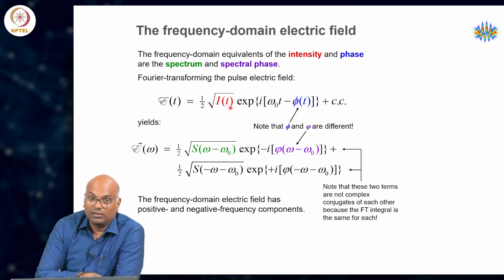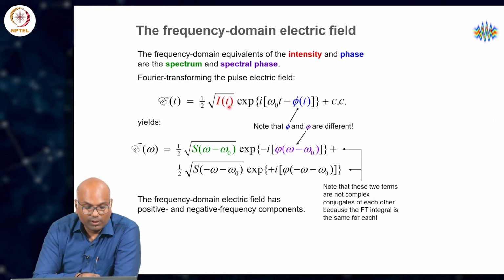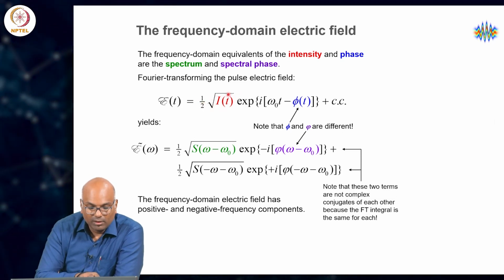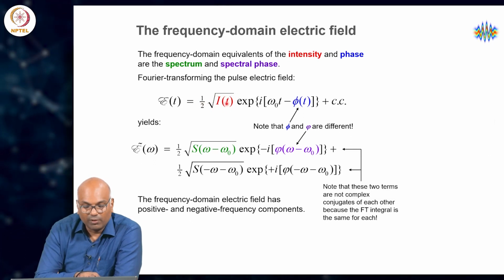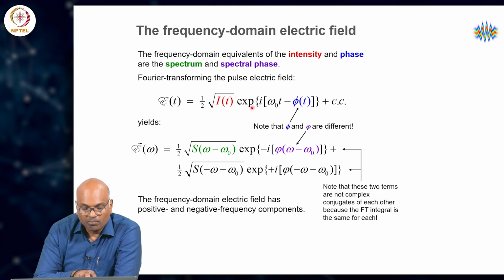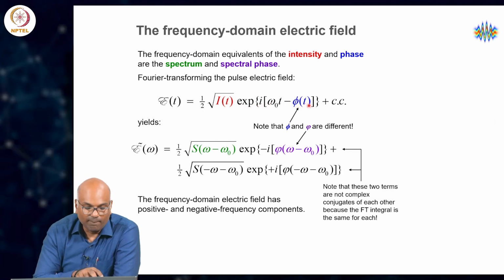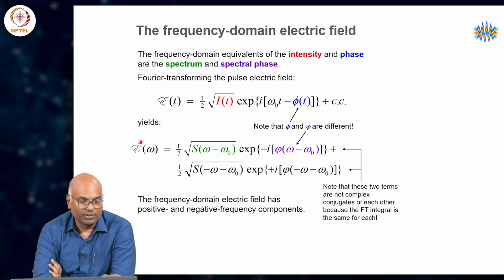I is real valued, remember, it is the absolute value square of some quantity. It is the envelope or the real amplitude, the square root of I of t, multiplied by exponent of i omega naught t minus phi of t, and we took a half of this plus the complex conjugate because E of t is real.